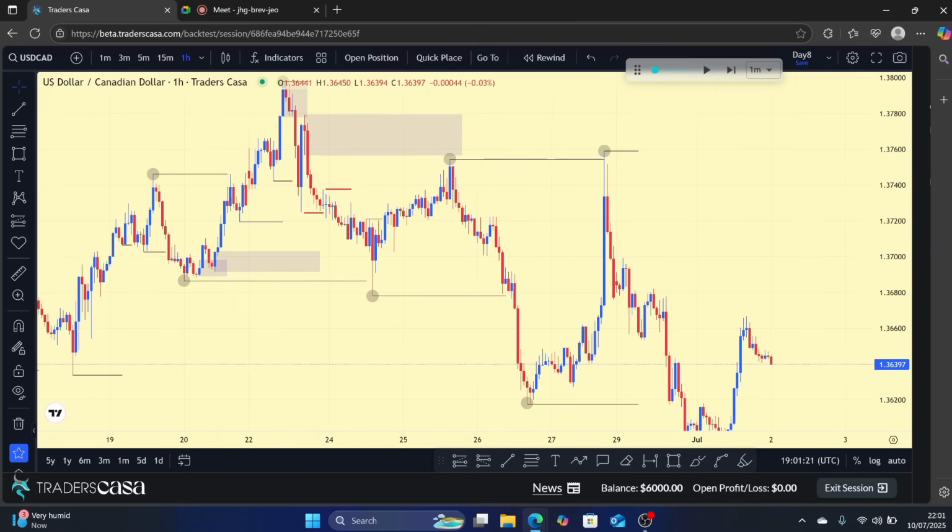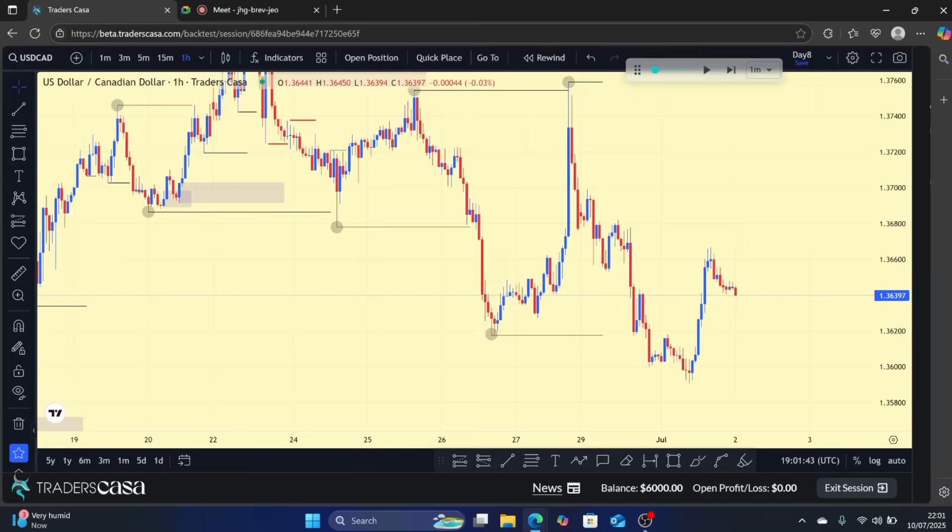And here, there are no POIs, so in this case you only have the major inducement, because this is the minor inducement. This is a single candle that spiked all the way above, so here we didn't mark the POIs. And the process continues.